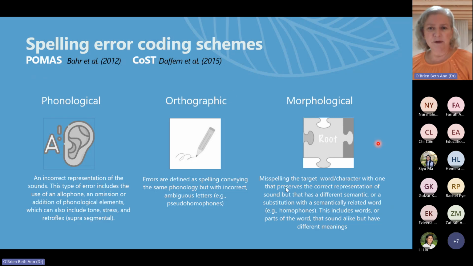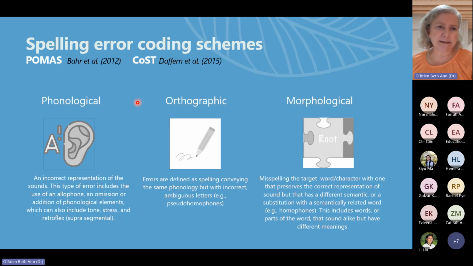And even though both of these are using different types of data, so Barr et al.'s team looked at spellings from written narrative samples of children across different age groups, and Daffern's group developed a word dictation test with items that were selected for requiring specific features more related to phonological, orthographic, or morphological processing.